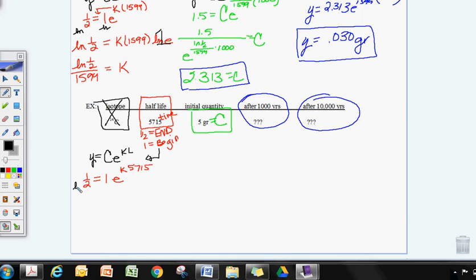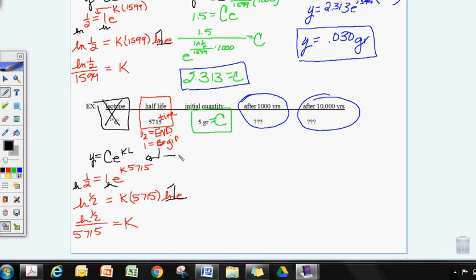K is stuck in the exponent, so I introduce an ln on each side, and I get the natural log of 1/2 is going to equal, remember the exponent comes down, K times 5,715 times the natural log of e, which we all know the natural log of e is 1. So my K value is the natural log of 1/2 divided by 5,715.